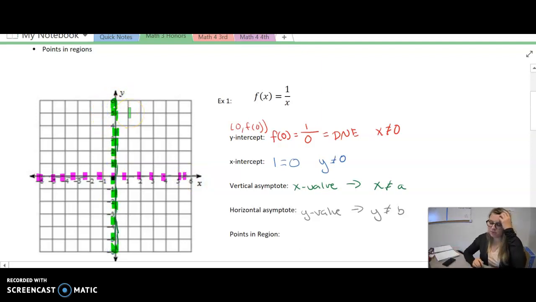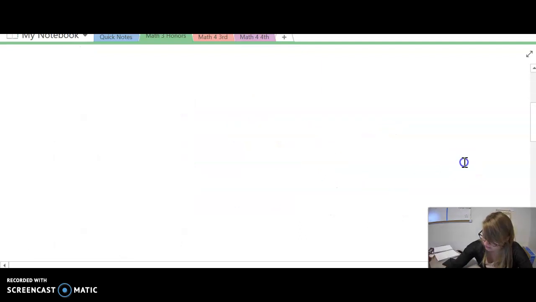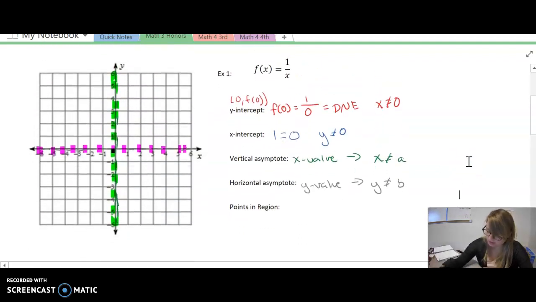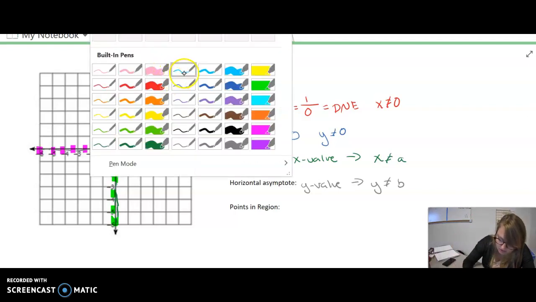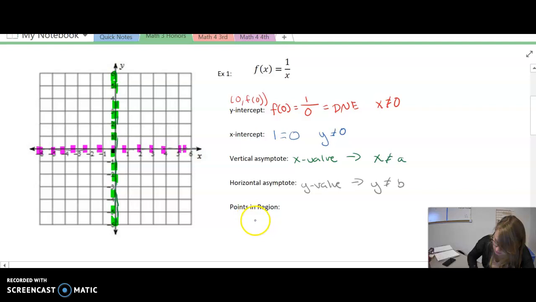So then we have the points in the region. Basically what this means is we need part of our graph in the left region and part of our graph in the right region. We can find this by plugging in some x values. The x values I'm going to use are 1 and -1.